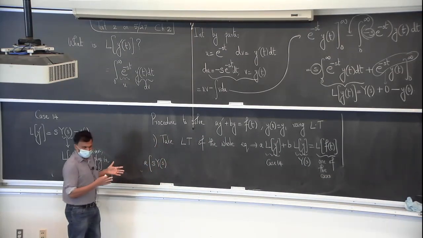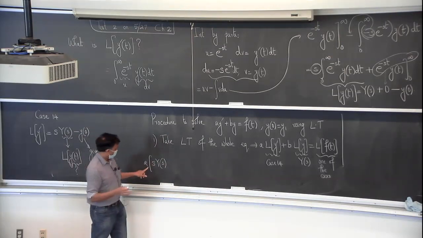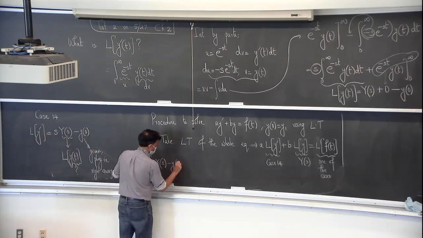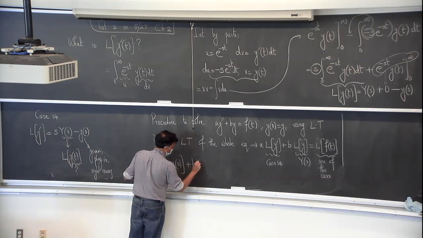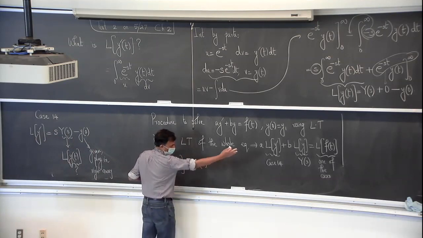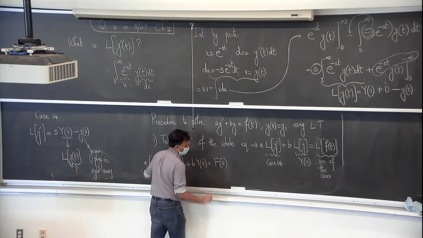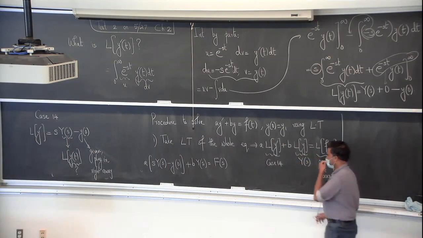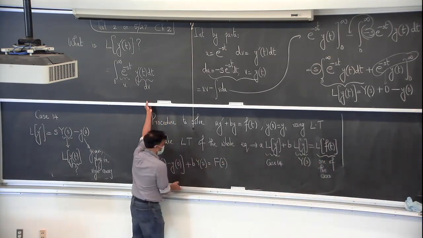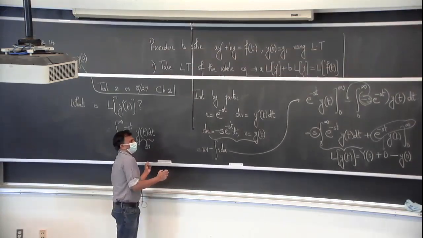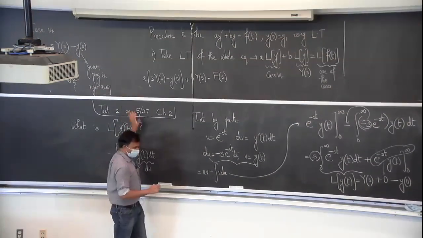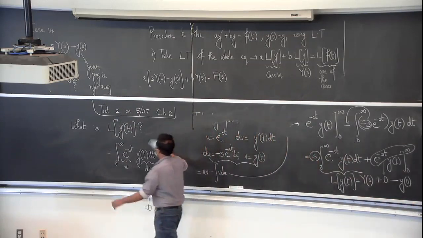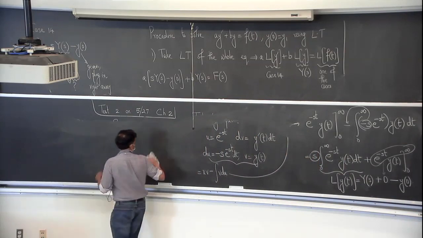Don't try to memorize a general form. I'm just trying to write down what it looks like. This is case number 14. So a times sY of s minus y of 0 plus b times Y of s equal to whatever F of s you get on the right hand side. So it's not a differential equation anymore, it's an algebraic equation. Solve for Y of s algebraically. Step 2.